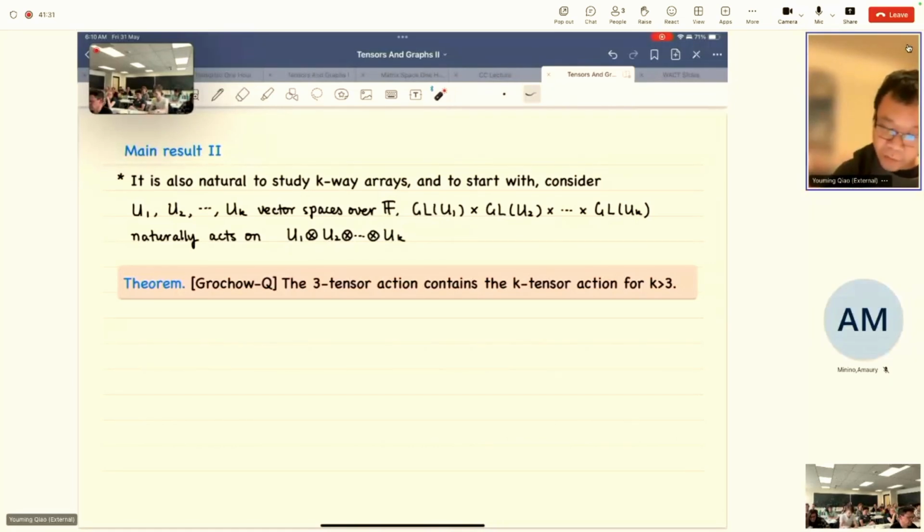There's another result which says that the 3-tensor action actually contains the k-tensor action for any k larger than 3. So essentially 2 is easy, right? 2 is just matrix equivalence, decided by rank. 3 starts to become tricky, but when you go from 3 to 4 to 5, it doesn't become trickier. They are polynomial-time equivalent to, or reduce back to, the 3-tensor case.